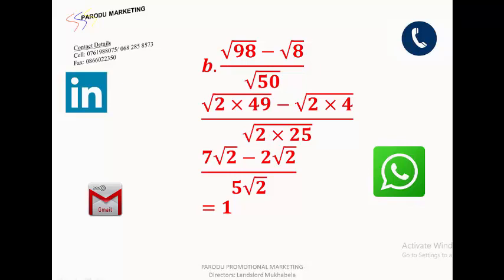It's similar to having 7x minus 2x, which will give you what? 5x, right? So for this one, it will be what? Your 5 square root of 2. So 5 square root of 2 divided by 5 square root of 2 is equal to 1, right? So everybody hopefully will learn from these questions as well.